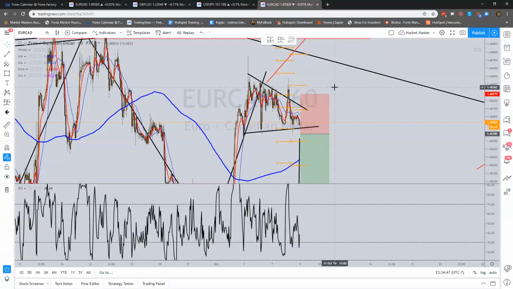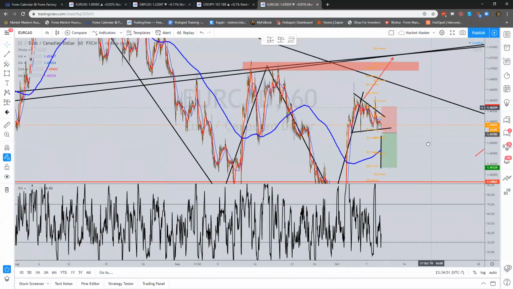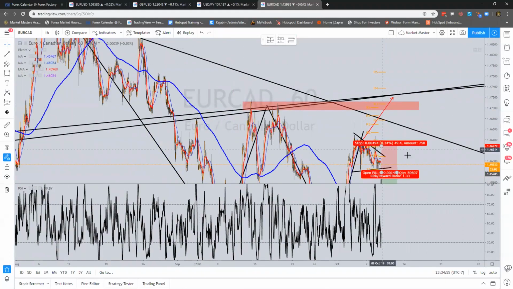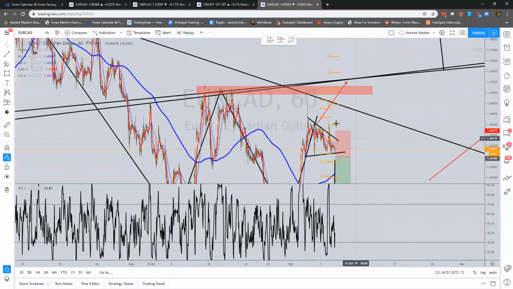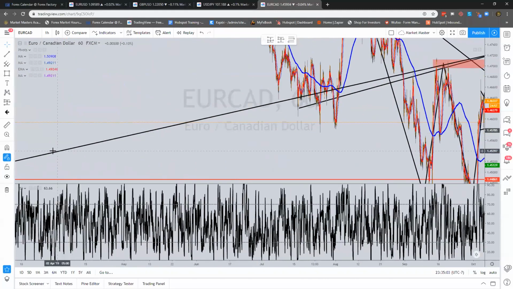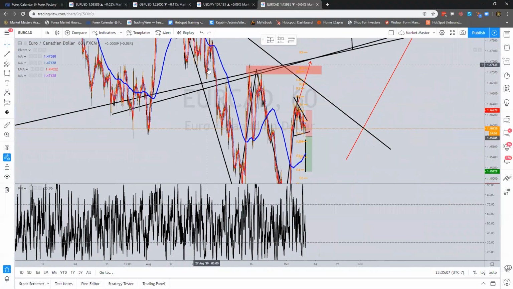The reason why I have more of a feeling it's going to be going down is because overall we see a resistance area right here. Overall, it's in a downtrend. It already broke, like you guys saw on the weekly time frame. This one is a support line on the weekly time frame, so price already broke through.